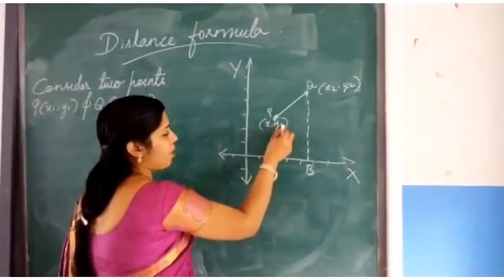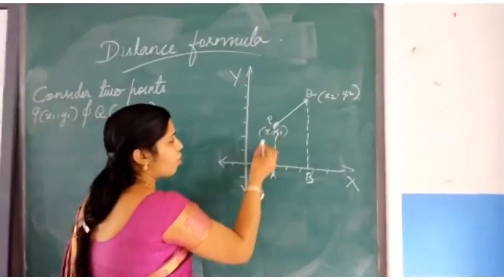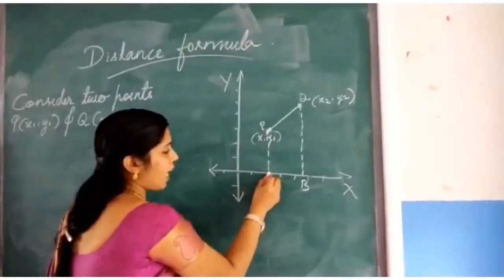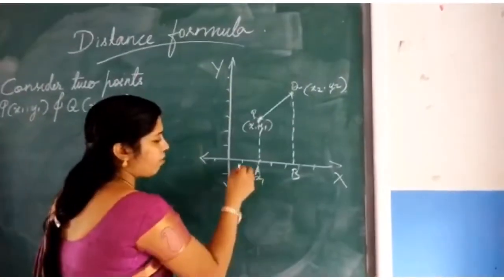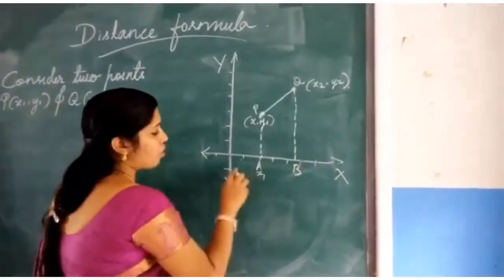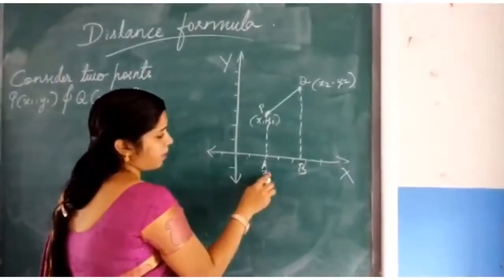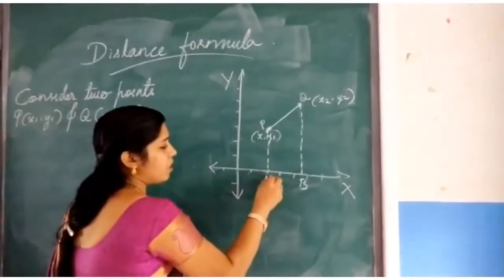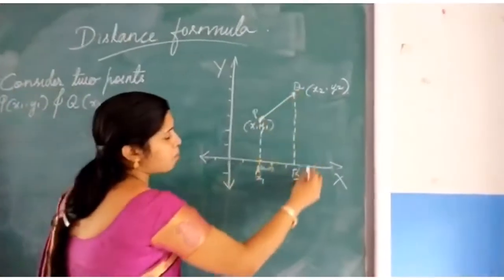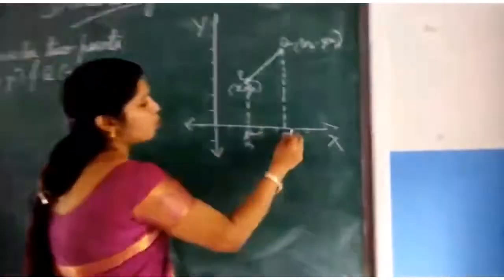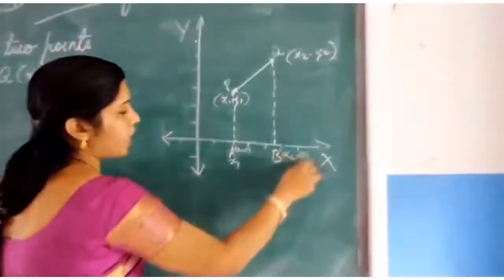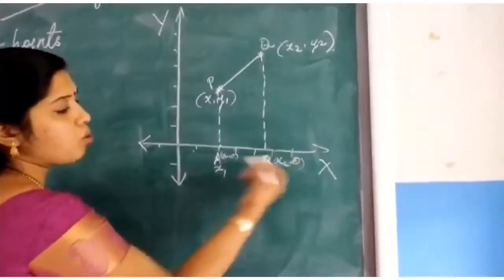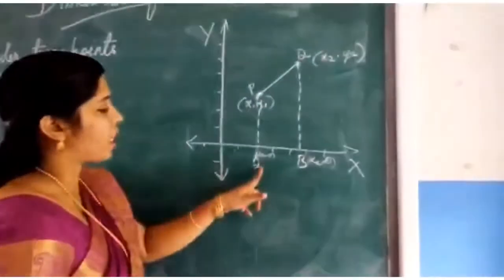P is (x1, y1), and x1 shows how far it moves along the x-axis, so this point A is x1, or (x1, 0). Then this point B is x2, or (x2, 0), because on the x-axis there is no y coordinate.